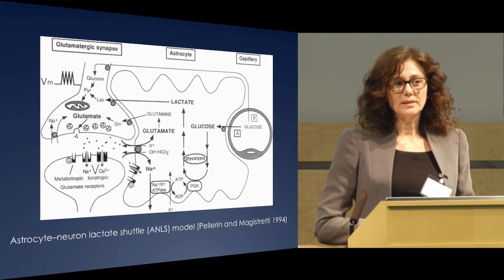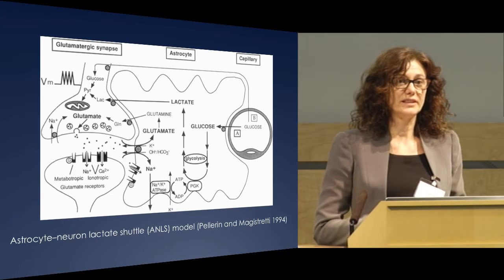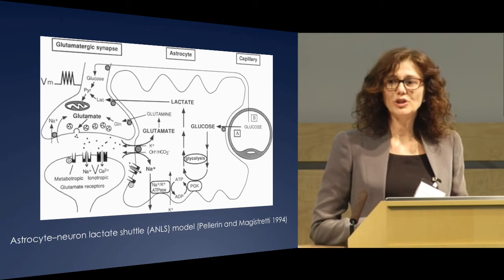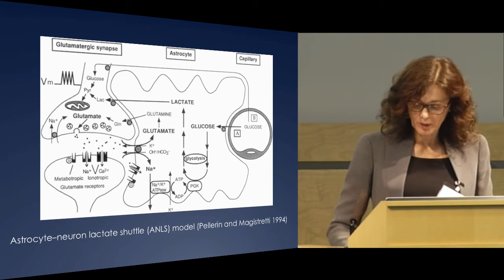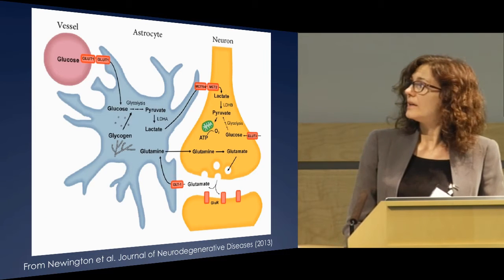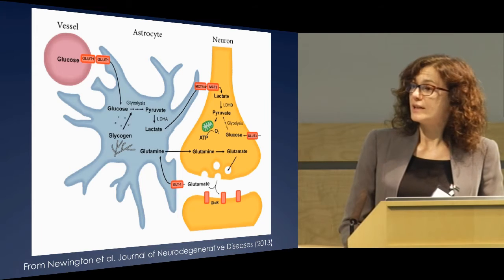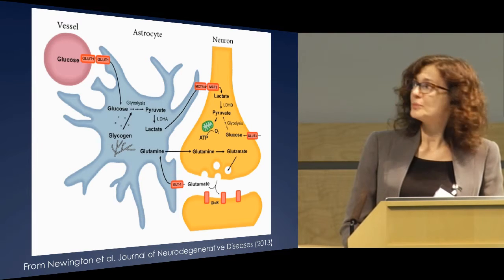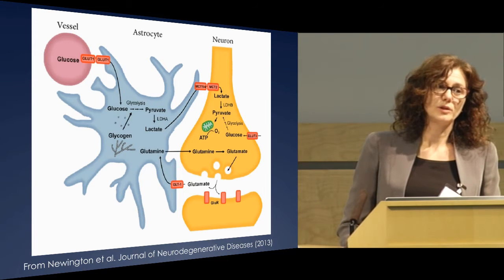I became interested in that question because it made very much sense to me that there is the need of the help of astrocytes to supply energy. So we decided in collaboration to test the hypothesis. In addition, as Pierre mentioned, there is not just glycolysis coming from glucose, but astrocytes and not neurons in the adult brain store glycogen.